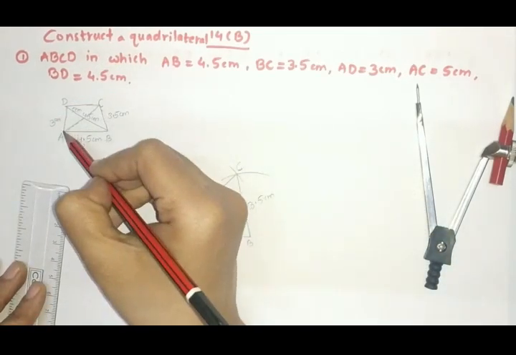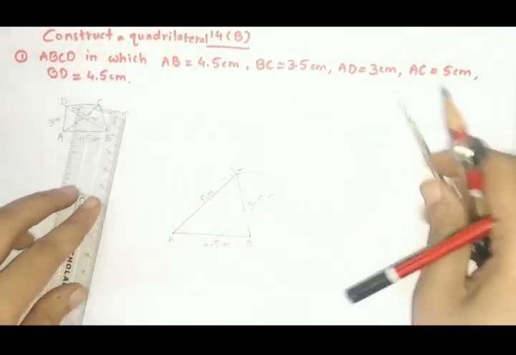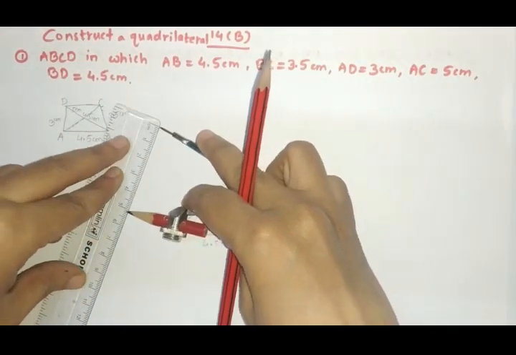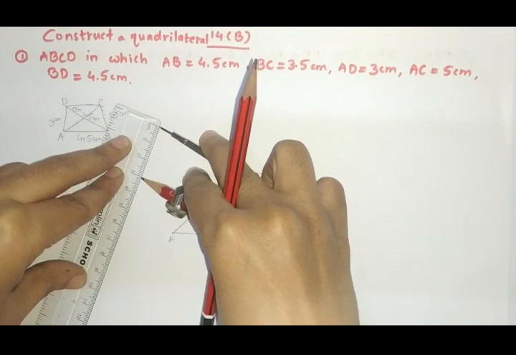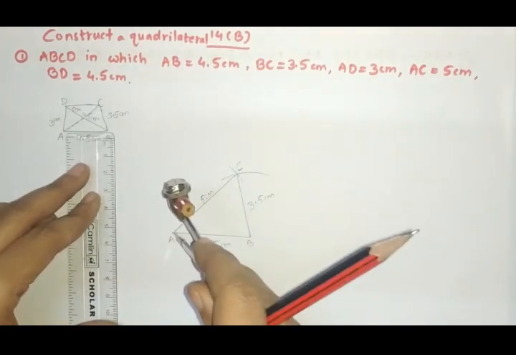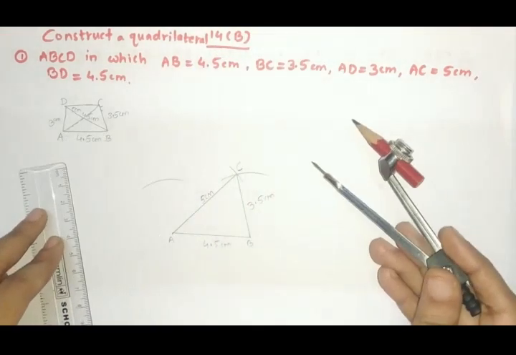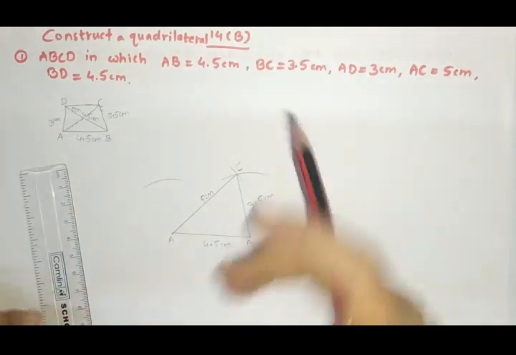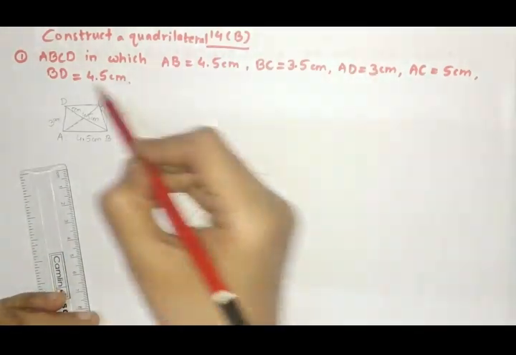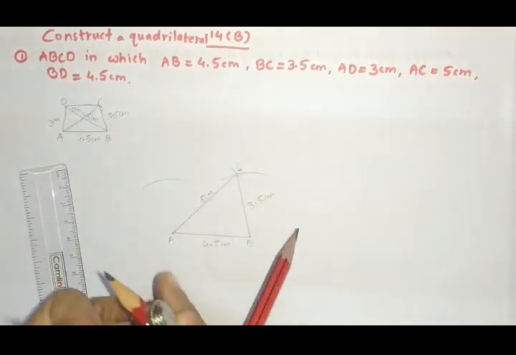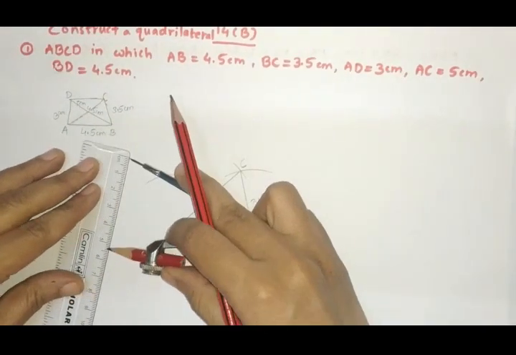Now we can go A to D, that is 3 centimeter. So take this 3 centimeter, and with A as a center you can cut an arc here. Now one more measurement I have, B to D, that is BD, 4.5. So take BD 4.5.